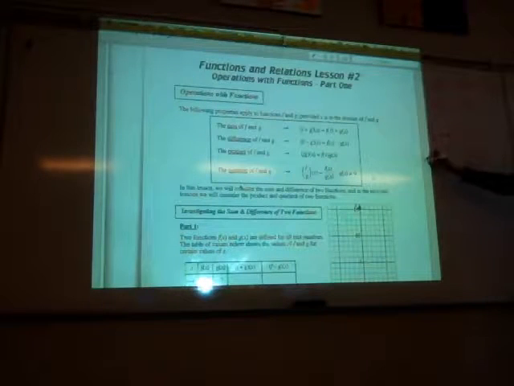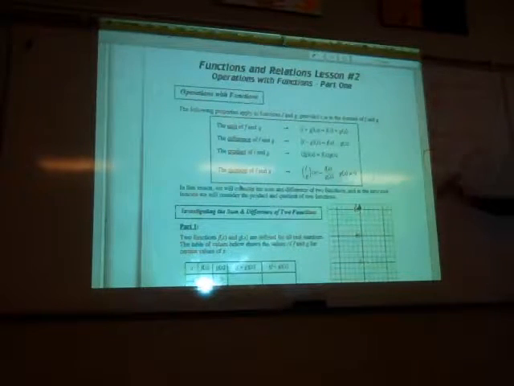Okay, so if I'm going based off of this, what was f of x? 3x plus 1. And then I'm going to add it to what g of x was, which is 2x. And then combine my terms. Okay, so 3x plus 2x is 5x plus the 1. And that would be simplified.